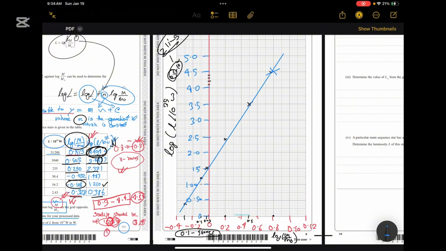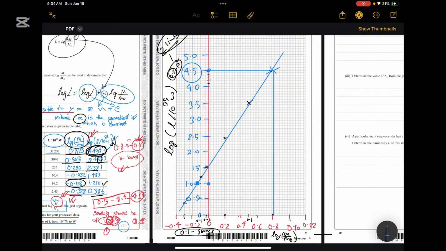So for the gradient, our biggest value is 4.5 as y2, and for y1 we can take this one. The corresponding value of x right here is 0.8, right? So we know gradient equals y2 minus y1 divided by x2 minus x1.